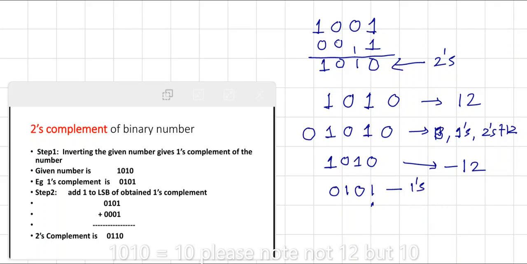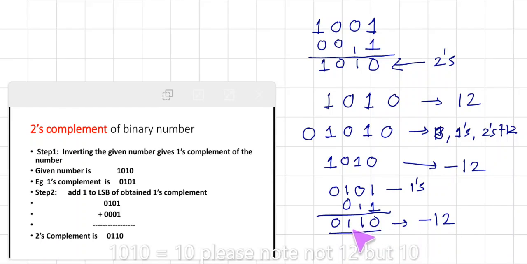Then add 1 to this number, and we get 0 1 0 0. So this number gives us the 2's complement form representing minus 12. So minus 12 can be represented by this.